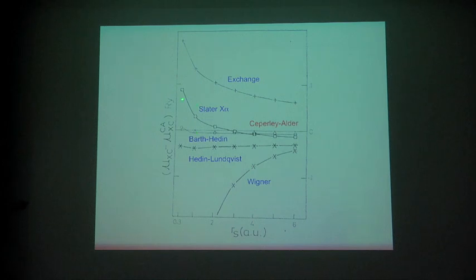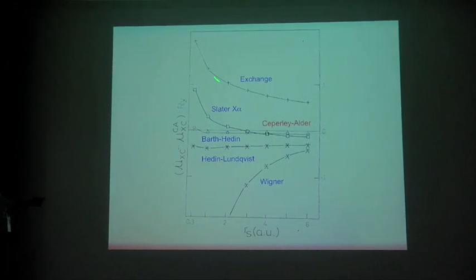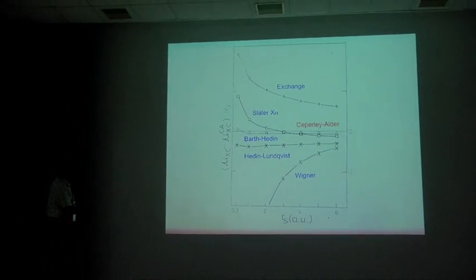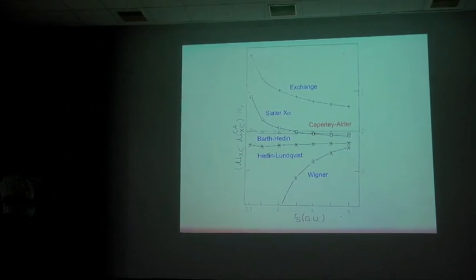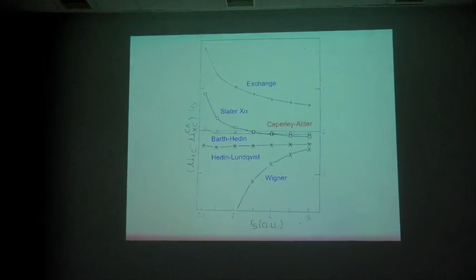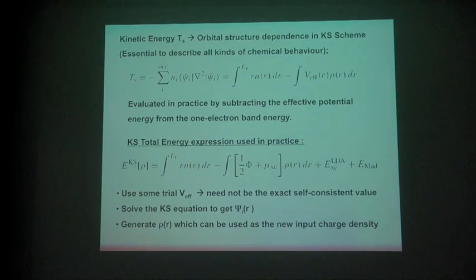Then if you use Slater exchange, it gives like this, Barth-Hedin, Hedin-Lundqvist, and so on. Okay, and this is the Wigner's formula. And Ceperley-Alder is the one which is the zero. So this is what gives you some kind of an idea about the different exchange correlation functionals, even though it is really a very, very long thing to discuss.